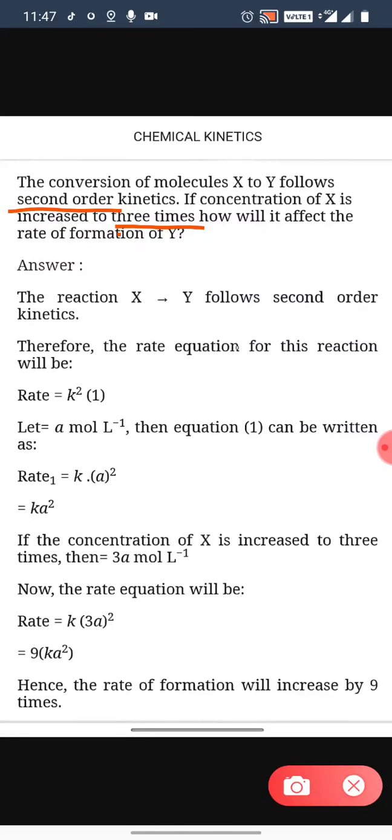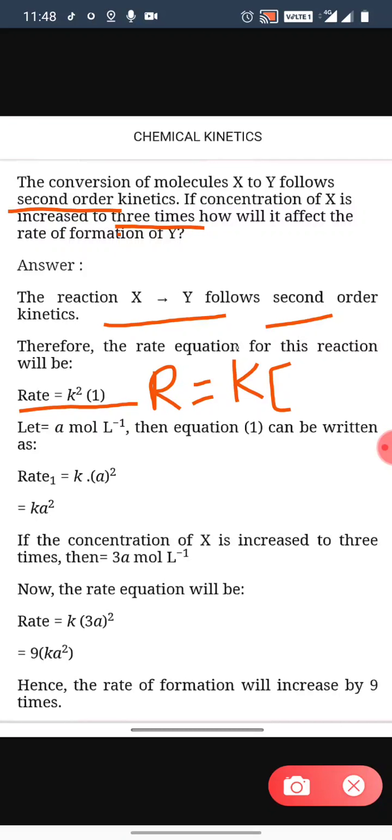That means the reaction is as follows, and it is following second order kinetics. So the rate can be expressed like this. Rate is equal to, or I am writing it in a simple way, R is equal to K X raised to the power 2.